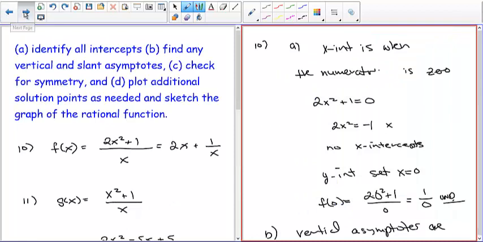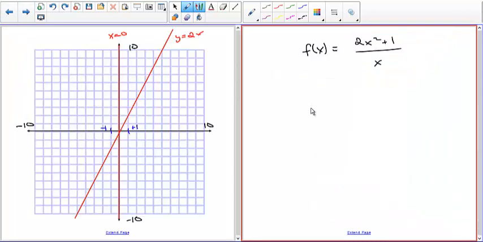Okay. So what we're going to do is f of 1. So that's 2 times 1 squared plus 1 over 1. 1 squared is 1. 2 times 1 is 2. So that's going to be 3 over 1. So x is 1, y equals 3.